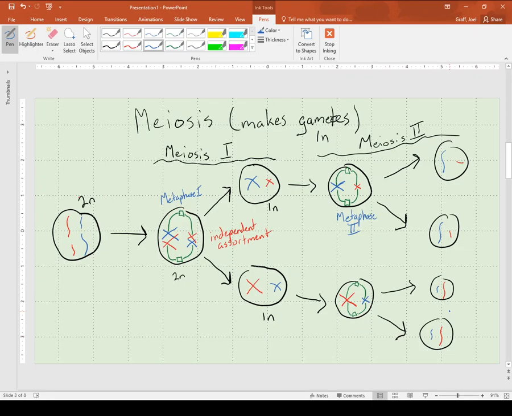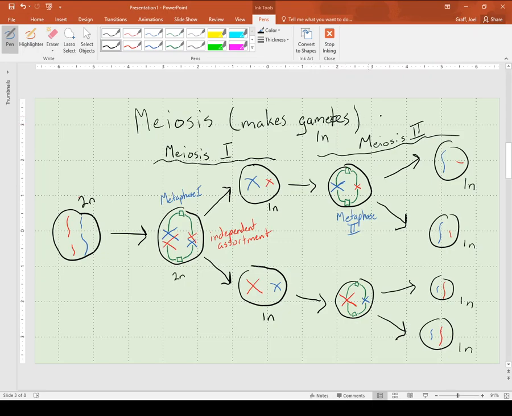Okay, so after 2 sets of division, we ended up with 4 cells that are each haploid. And we don't have any of those sister chromatids left. What we did is we took this cell and we divided it twice and ended up with 4 cells, and we divided the amount of DNA. The homologous chromosomes got torn apart so that we don't have homologous chromosomes here.